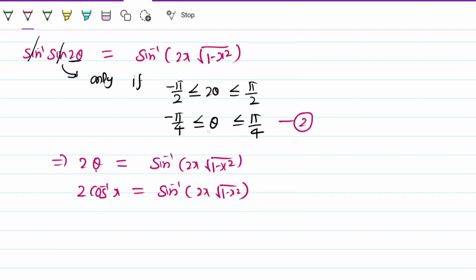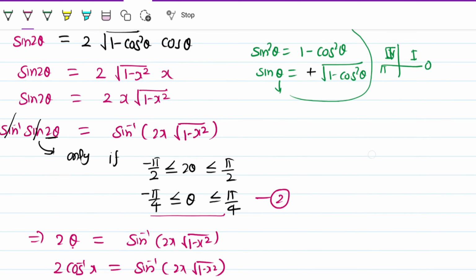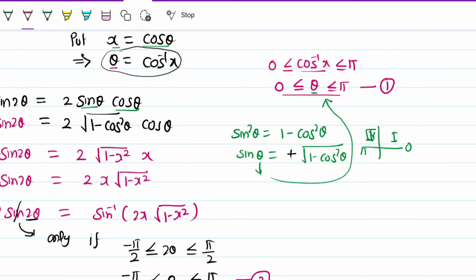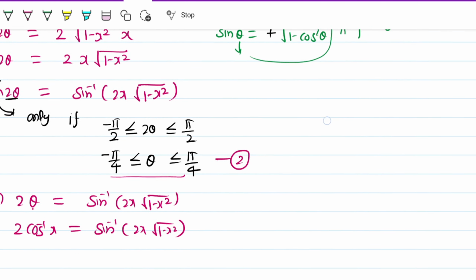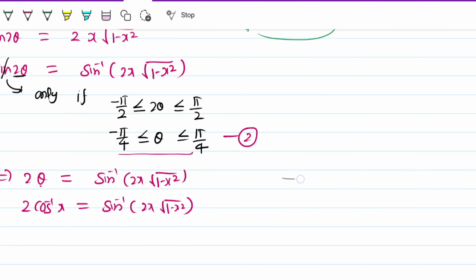But now what is the restriction on theta? From equation 2, theta follows this condition, and from equation 1, theta follows this condition. So let me check the common values of theta from equations 1 and 2. Equation 1 says theta is greater or equal to 0, suppose here 0 and here pi. And equation 2 says theta is greater or equal to minus pi by 4, so minus pi by 4 will be somewhere here and plus pi by 4 somewhere here.